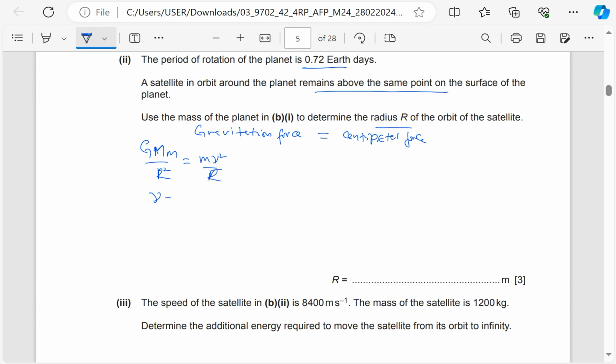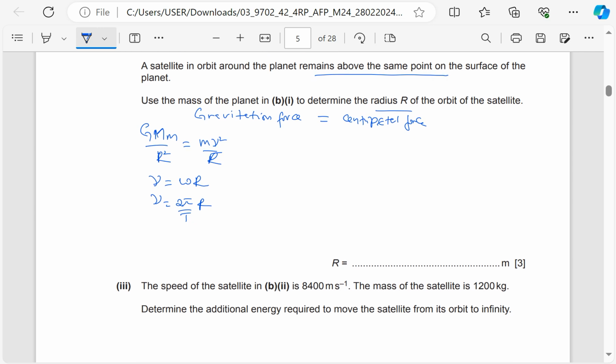But remember, v is equal to omega times r. So we want to find the radius. They gave us the period. So v is going to be, omega is 2 pi over T, then times r. The small m has cancelled, one r has cancelled.